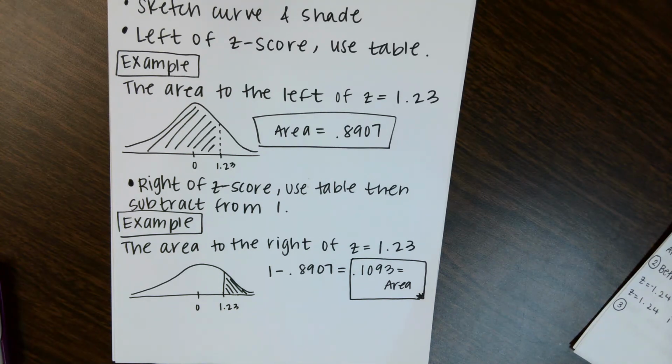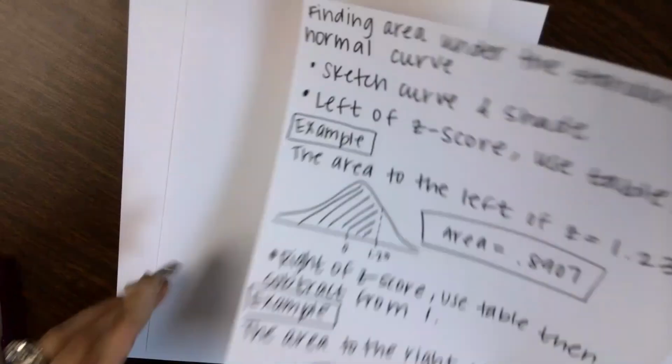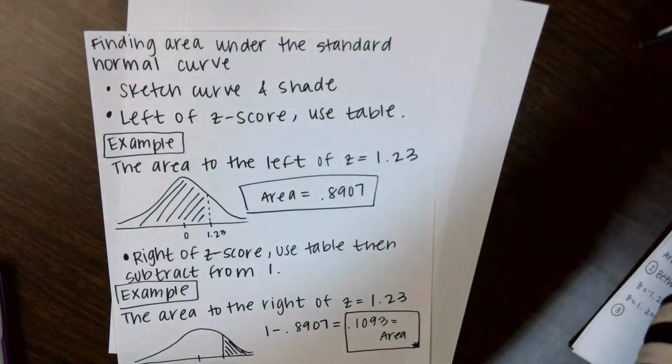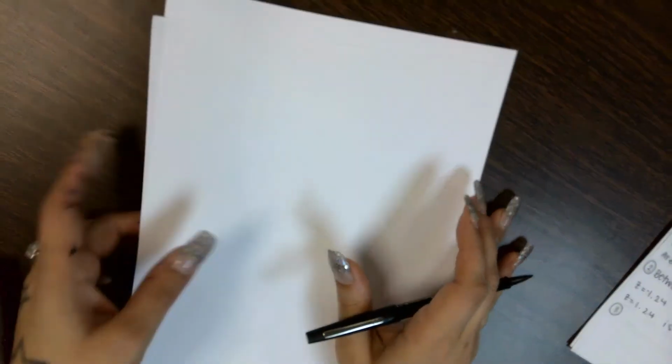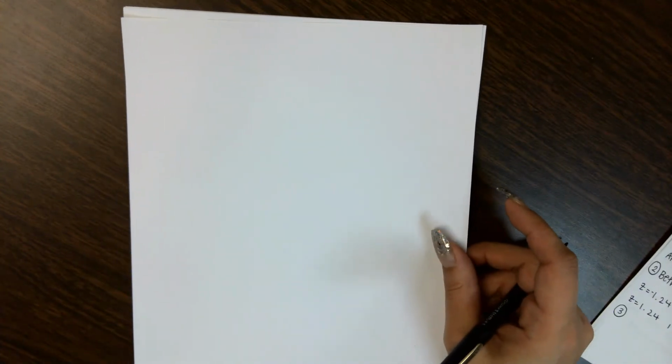To the right, use your table, but subtract that value from 1, okay? In between, meh. So I'm going to do the area in between in 3 minutes, and then we'll take a break, and then we'll come back. I'll do the little examples and then the probability, and then we'll be done, y'all.